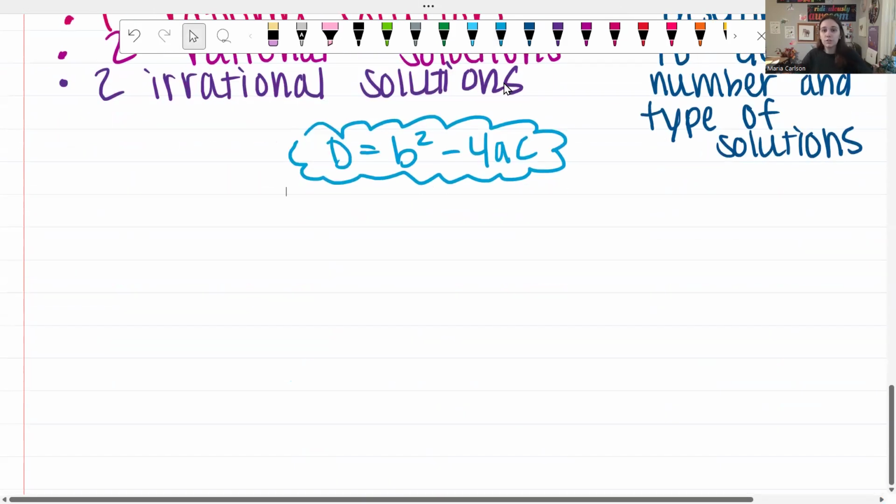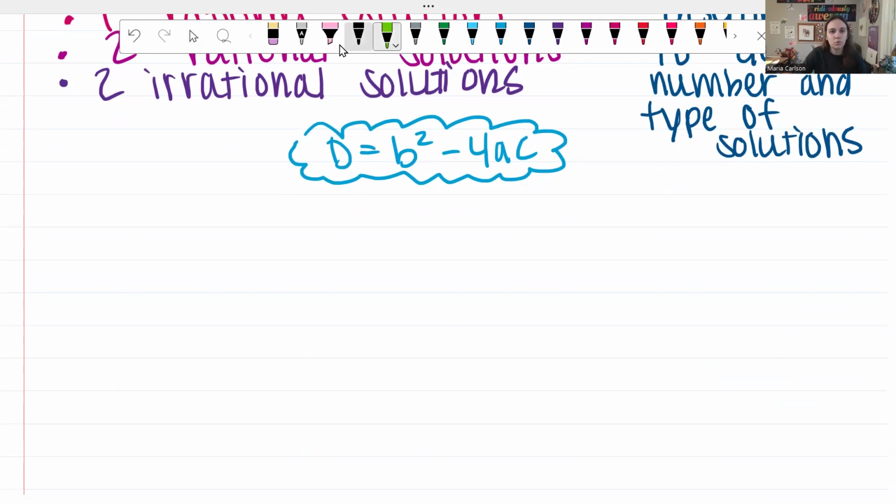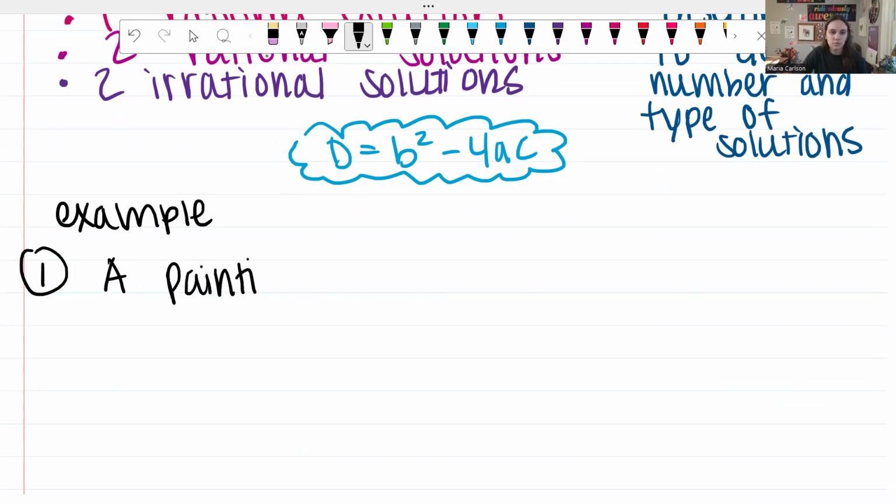All right, I want to do just one example here working with quadratic equations. So a painting has an area of 4 feet squared.